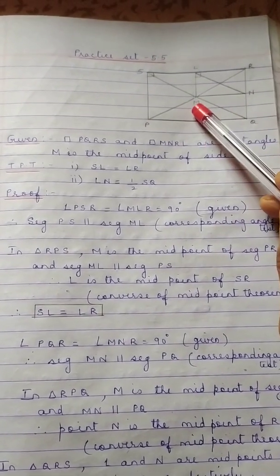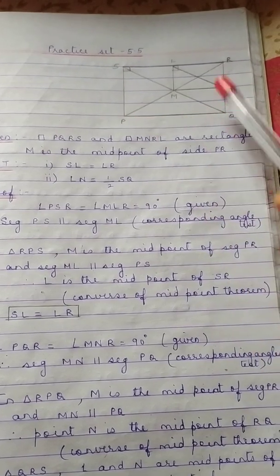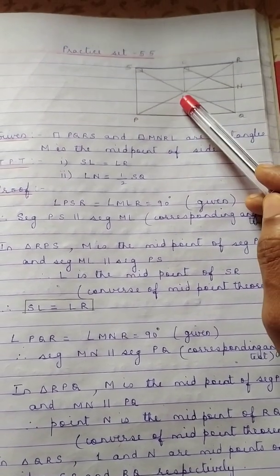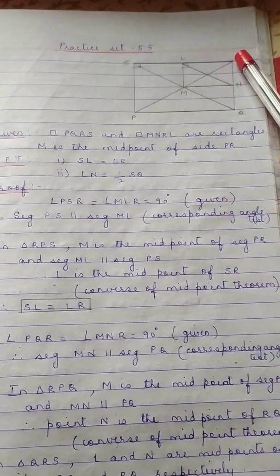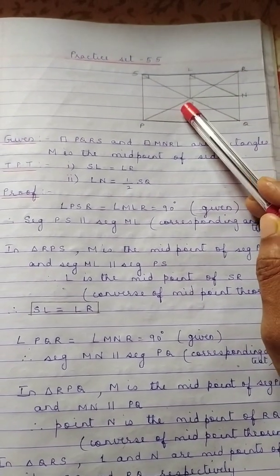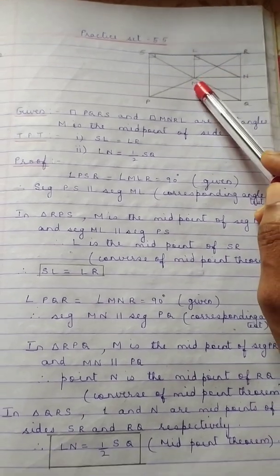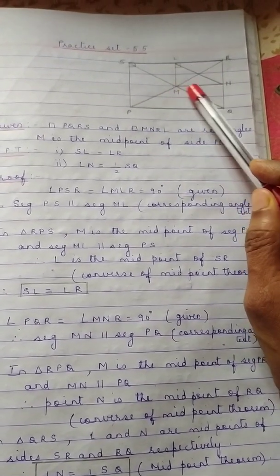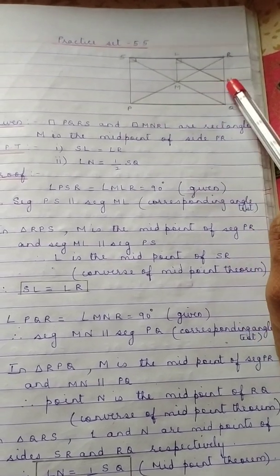Now, if MN is parallel to PQ, when I consider the triangle RPQ, M is the midpoint of the side PR. So, converse of midpoint theorem again, if a line is drawn from the midpoint of one side of a triangle and is parallel to the second side, it bisects the third side.